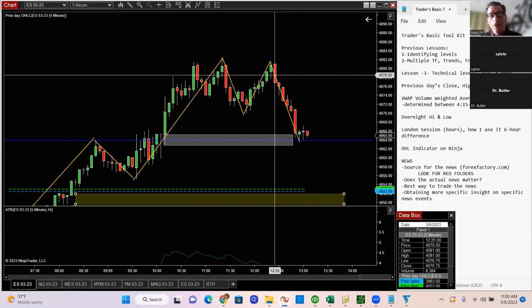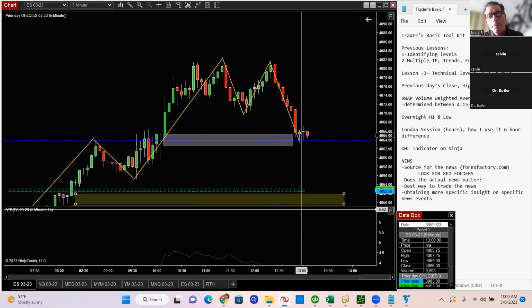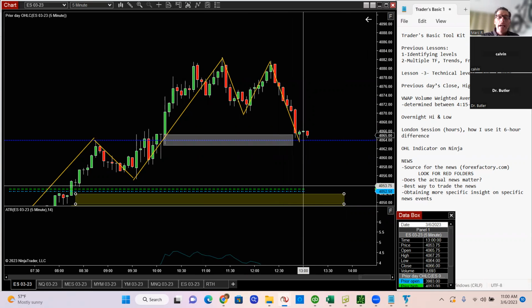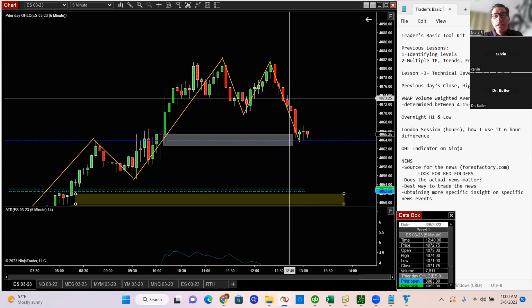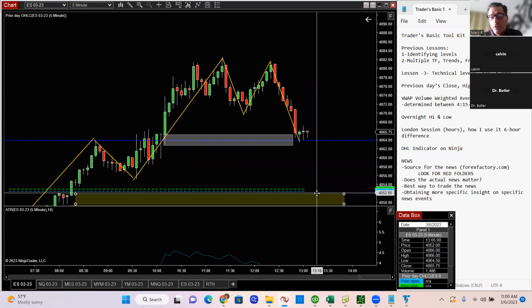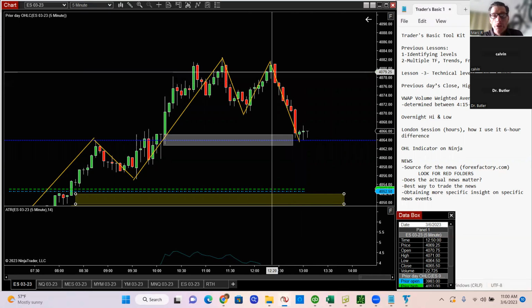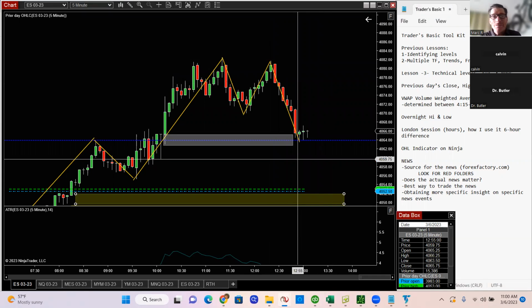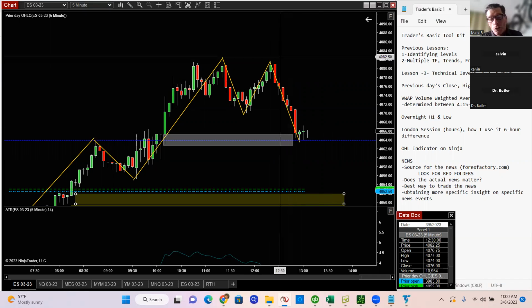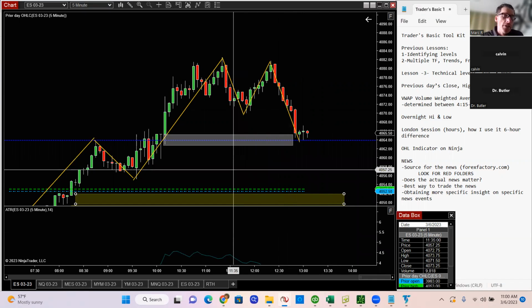If news was about to come out, there's a good chance that price rips down there, taps it before you could even see it, puts you in a position and takes you out 10 points later, 51 to 61. It literally just went boom, boom. The issue with that is it could also rip right through your level, because news will definitely push price.